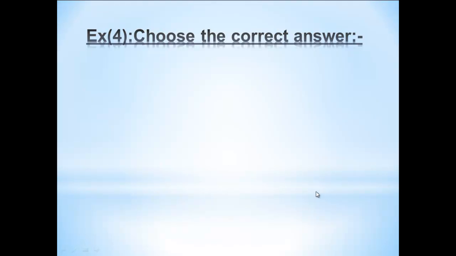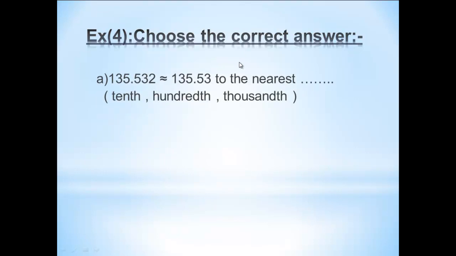Exercise number 4. Choose the correct answer. 135.532 is approximated to 135.53. This approximation is to the nearest what? Tenths, hundredths, thousandths?